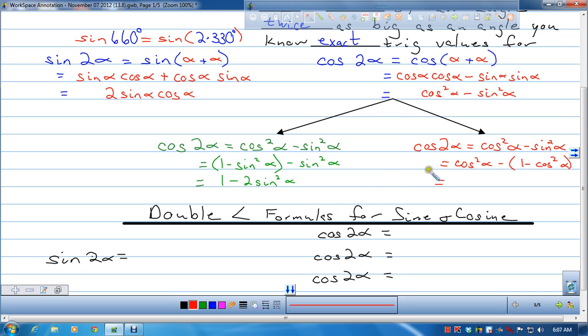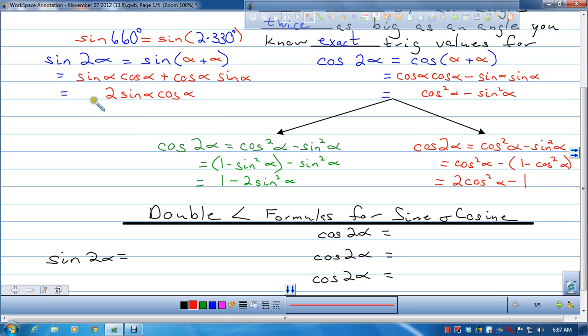If we simplify, we'd have cosine squared alpha minus 1, so we're going to have a negative 1. Cosine squared alpha minus a negative cosine squared alpha is going to give you positive 2 cosine squared alpha, and subtract that 1.